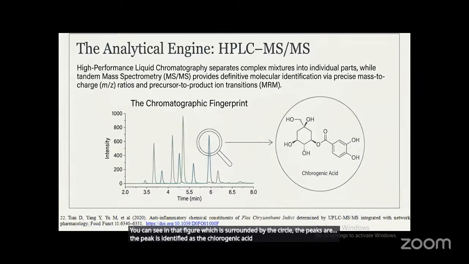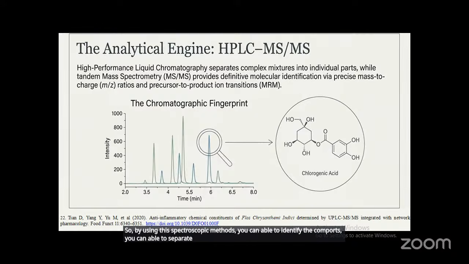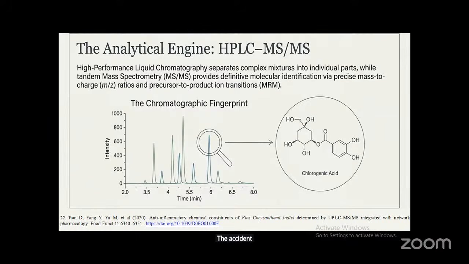That is the advantage of using the present chromatographic technique instead of only the old in vitro assays. By using these spectroscopic methods, you can separate and identify the compounds, understand which compound is present, and predict which compound is giving the antioxidant activity.